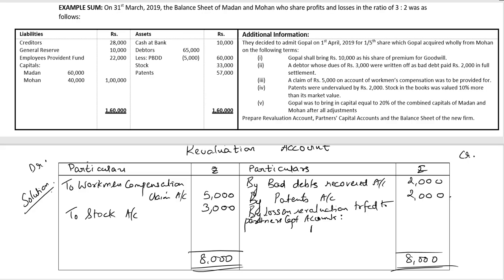So we have Madan and Mohan. Total loss 4,000 rupees divided in the old profit sharing ratio 3:2. 2,400 against Madan and 1,600 against Mohan. So this is the revaluation account.